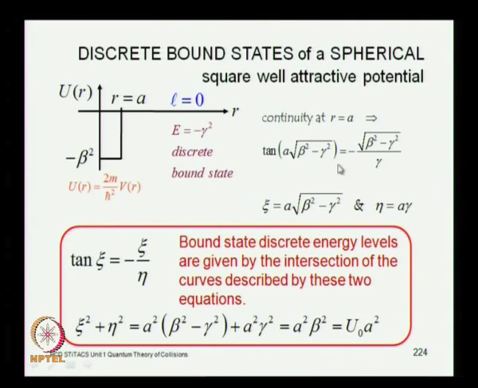We have already seen that the continuity of the solutions at r equal to a requires us to have the solutions satisfy this relationship between xi and eta, where xi and eta are determined by the potential strength parameter, which is related to beta and a, and the energy of the solution under consideration, which is coming from gamma.